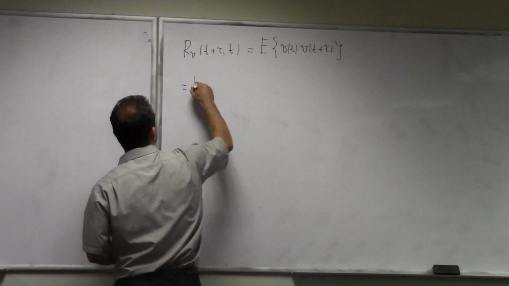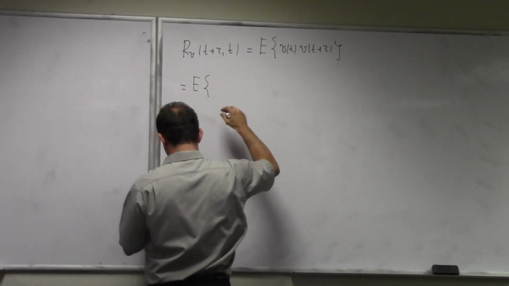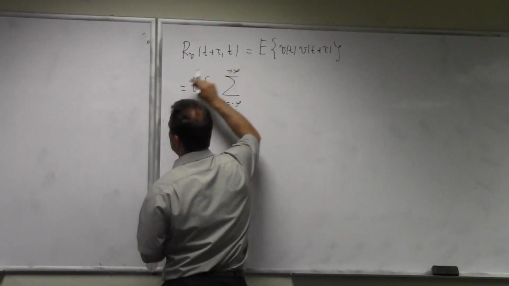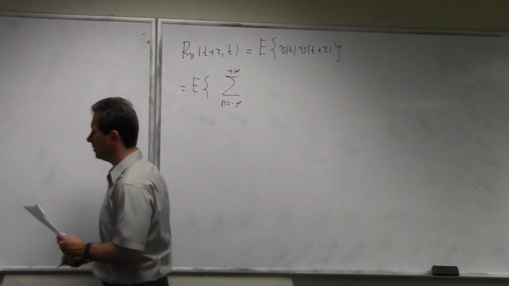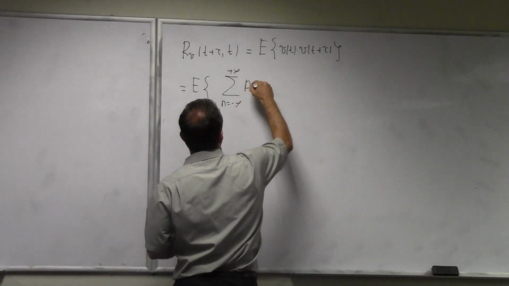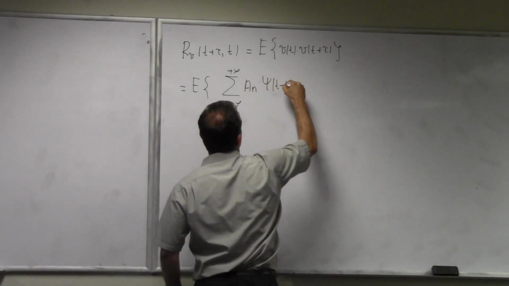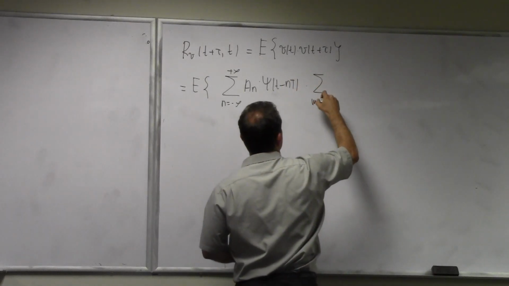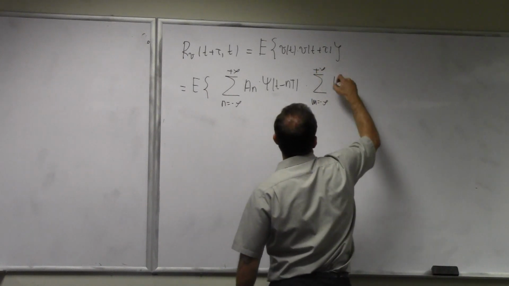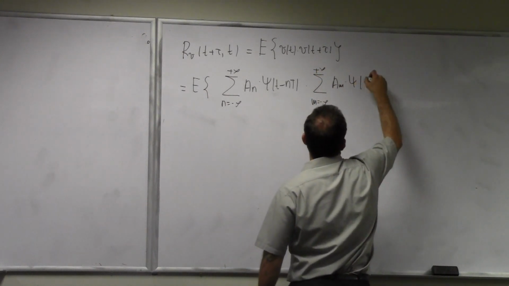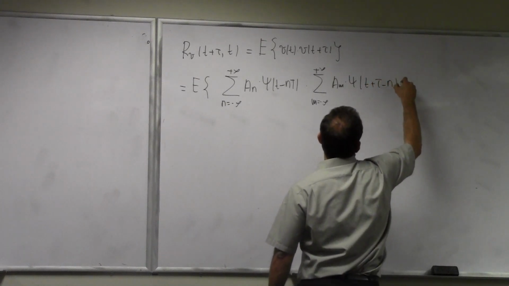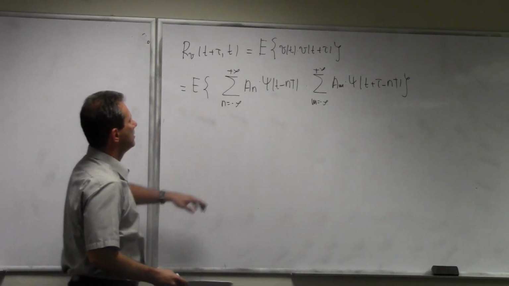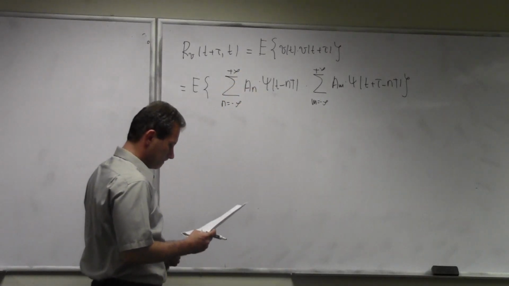So if I expand, this becomes the expected value of the sum, n from minus infinity to plus infinity, substituting what I know v(t) is, a_n psi(t minus nT), times the sum, m from minus infinity to plus infinity, a_m psi(t plus tau minus mT). Now that's the same as what I have here, but expanded.